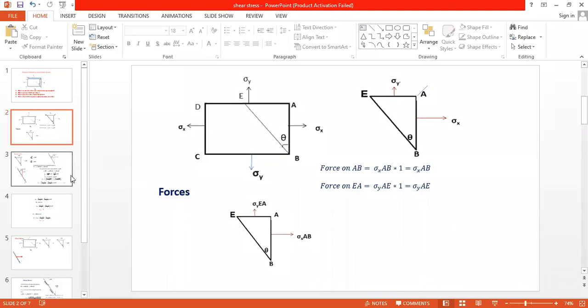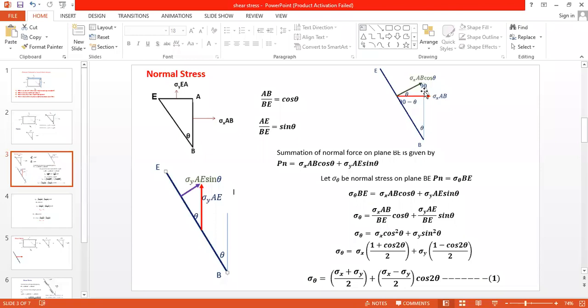Now you see this one here. This is the normal component, sigma x AB cos theta. It is the normal component because of the sigma x AB. Now this angle is also theta.